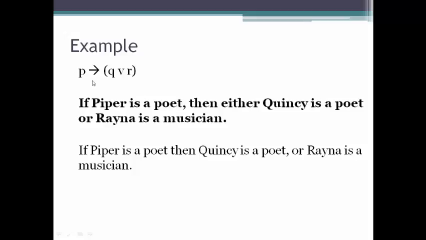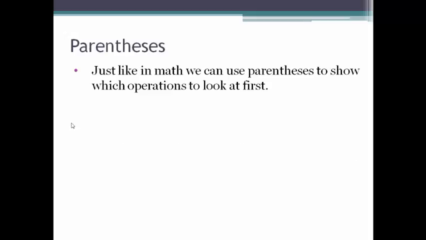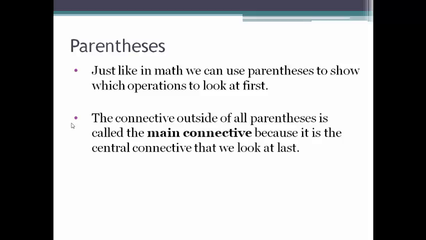So, on this reading, we end up with this sentence, whereas before, when there was no parentheses, we couldn't tell which one of the two we were going with. So just like in math, we can use parentheses to show which operations to look at first. The connective outside of all parentheses is called the main connective, because it's the central connective that we look at last.